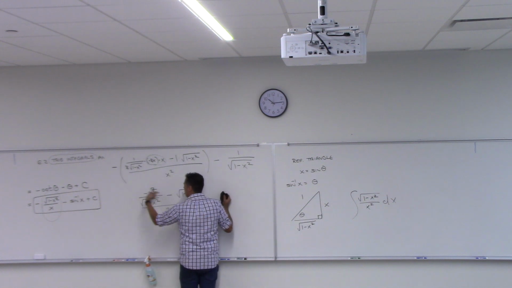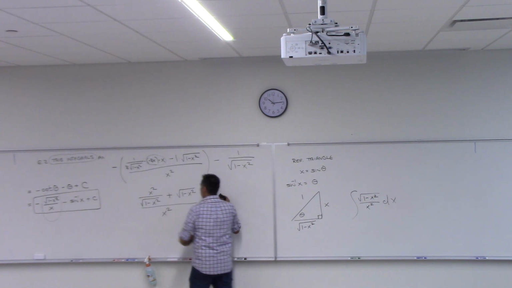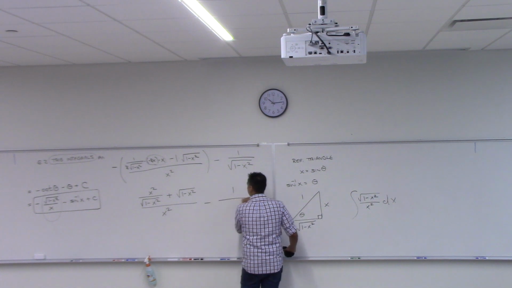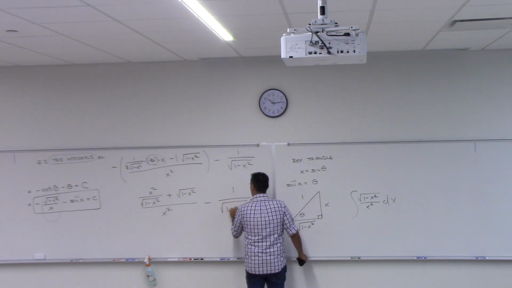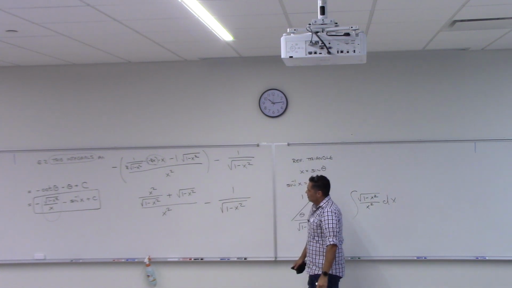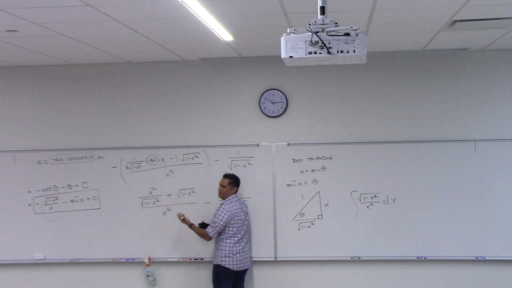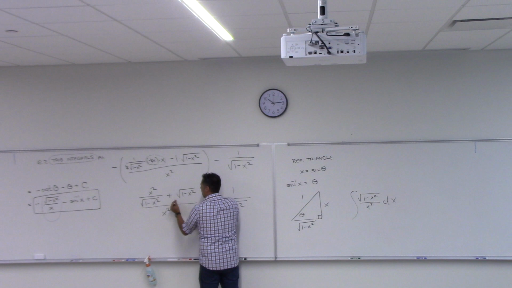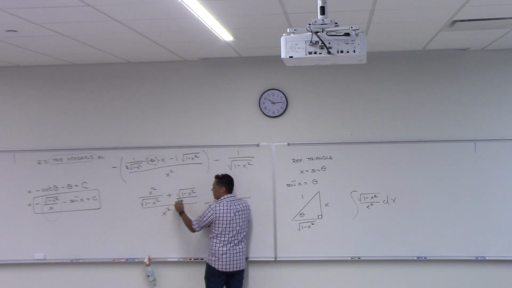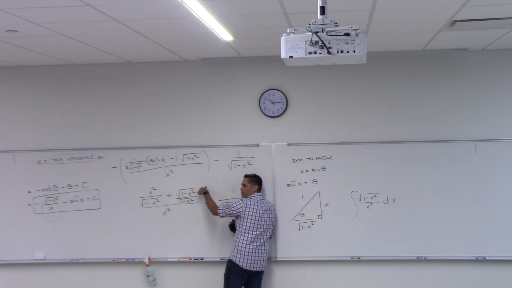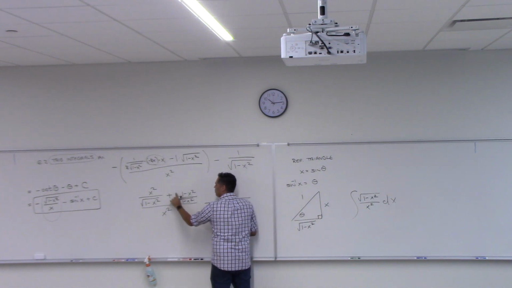So when I put the negative back through, it turns that into that and that into that. And then over here I have this. Right? Okay, let's put these two fractions together. I'm going fast here, okay? If I put this together, I need to do this over 1. So I need to put a root 1 minus x squared here and another root 1 minus x squared up there, which kills off that root like that.